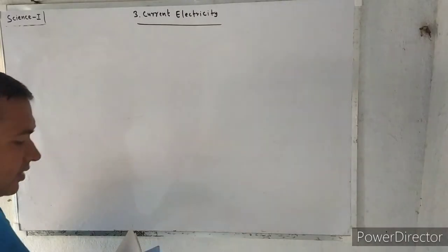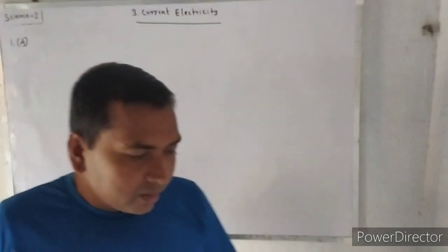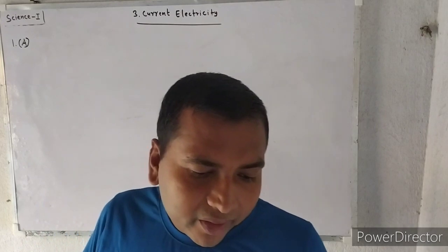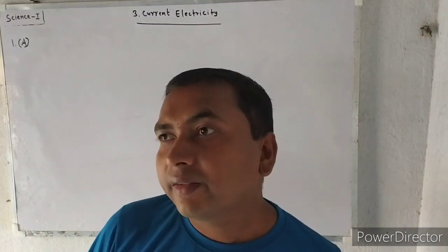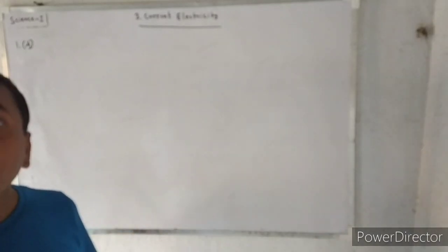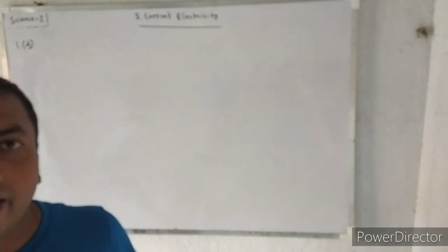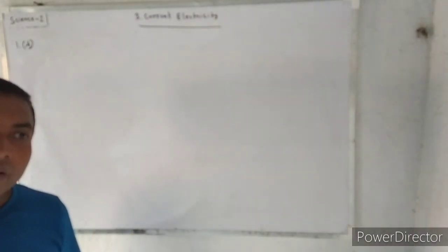So question number first A. By which method are the appliances connected? We know that you all have TV, fridge, fan, tube light, bulb, etc. at your home.